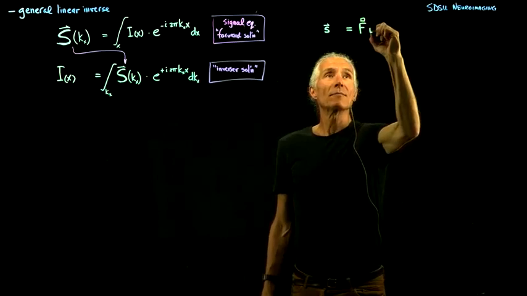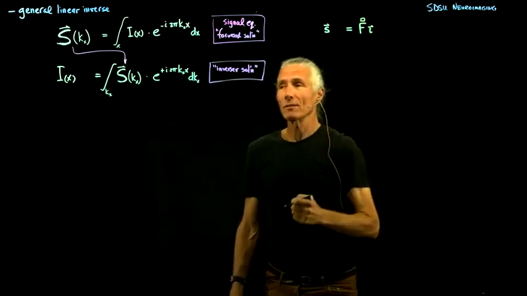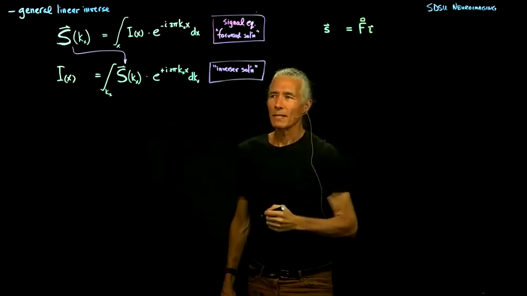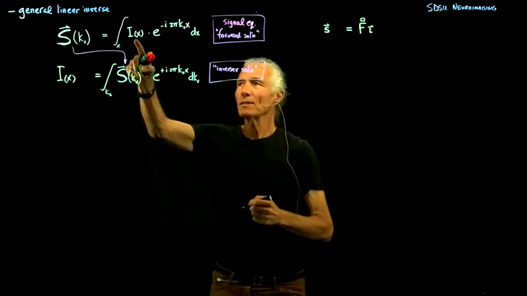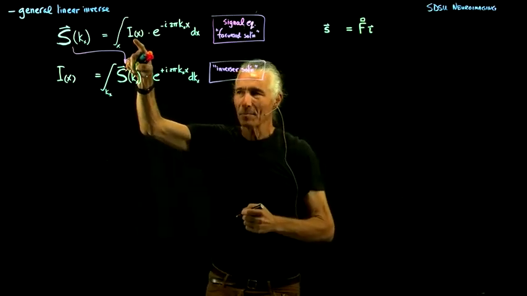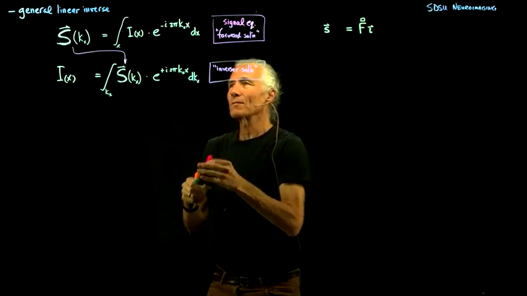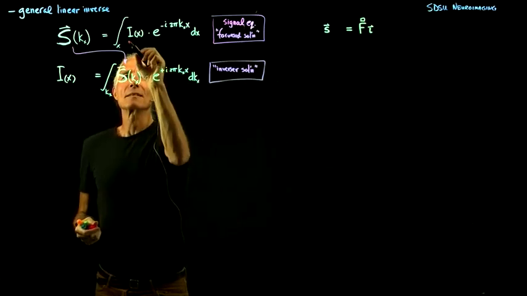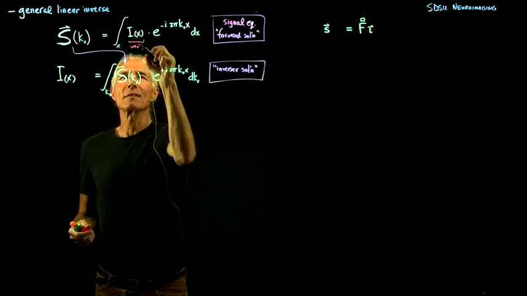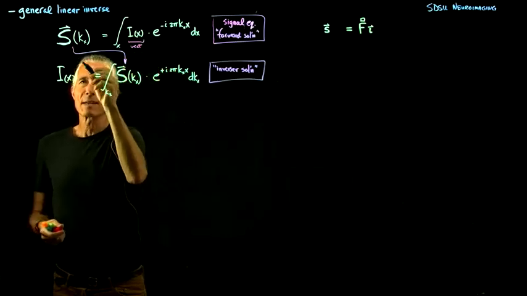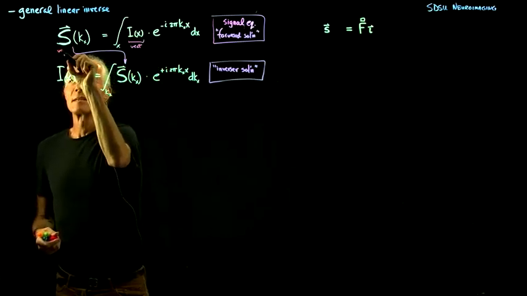The other string of numbers is the image values at each point. So this guy is a 1D vector, and this guy is a vector.